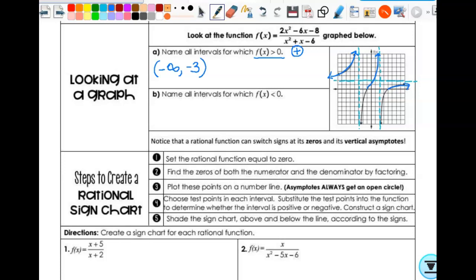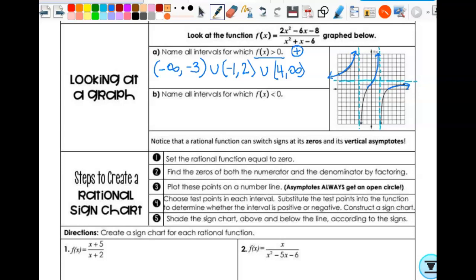It starts over being positive at x equals -1, so I union that with -1 to 2. And then it starts over being positive again at 1, 2, 3, 4, and goes to infinity. Any questions about the positiveness of that function?